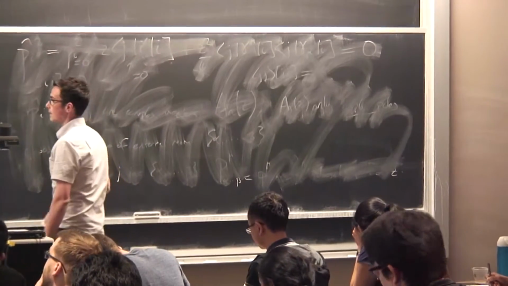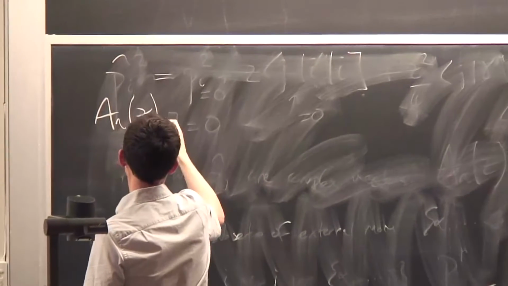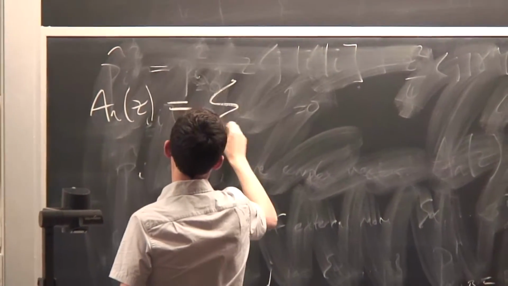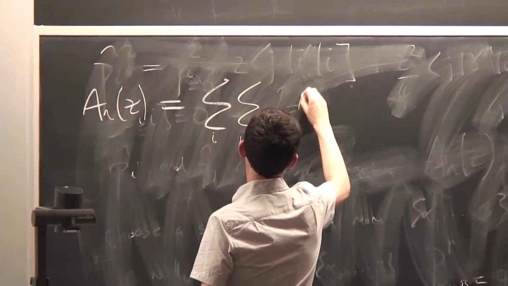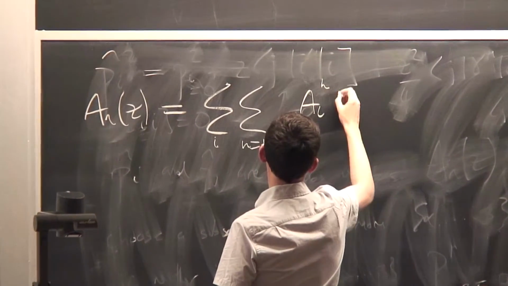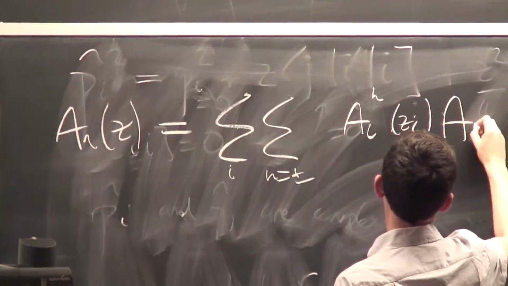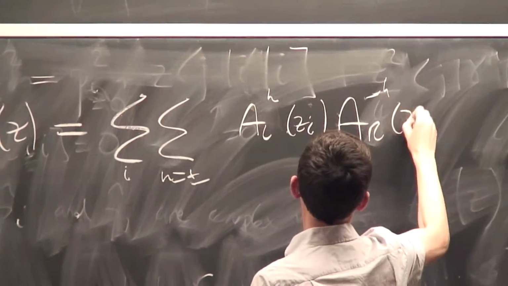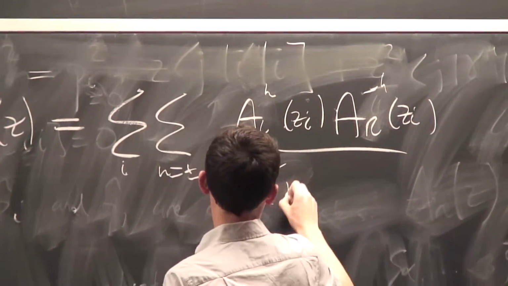So we write the general shifted amplitude as a sum over the residues, the sum over the helicities, of some left amplitude at some particular residue times some right amplitude at some particular residue, divided by this thing.